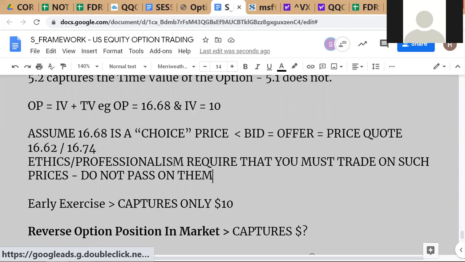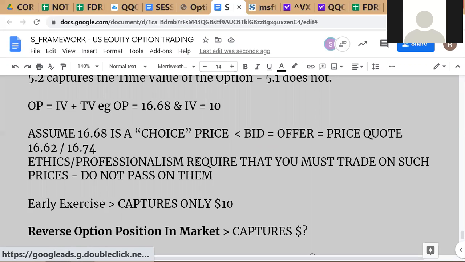If you are trading in the wholesale market and you call somebody, even as a retail customer, if you call a bank and you ask him for a price in any market, it could be anywhere, spot foreign exchange, stock options, bond futures, anything, and the market maker quotes you a choice price, that means the bid offer spread is zero.